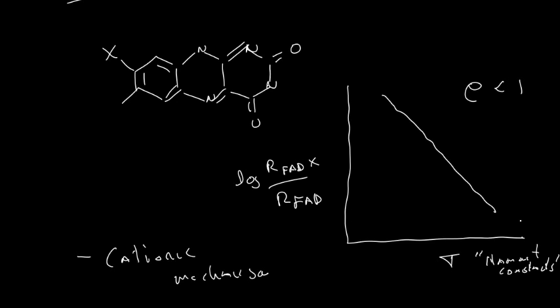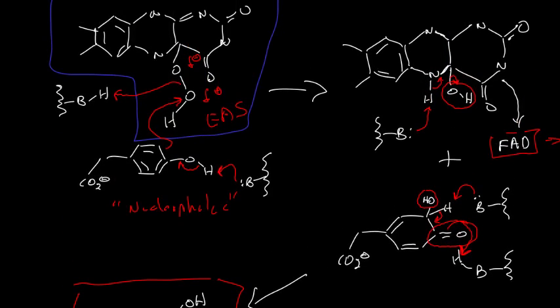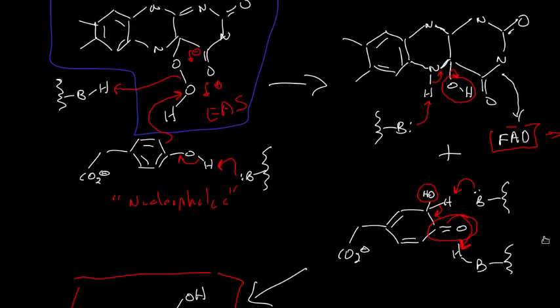Remember the way this works. Down at this end are electron withdrawing groups. At this end are electron donating groups. An electron withdrawing group here would destabilize. Maybe a better way to think about this is that this substrate here is receiving electrons, right?